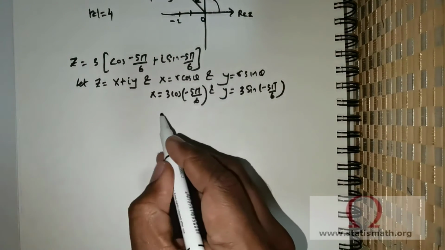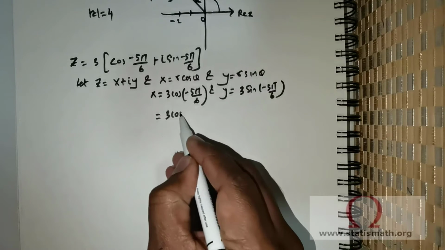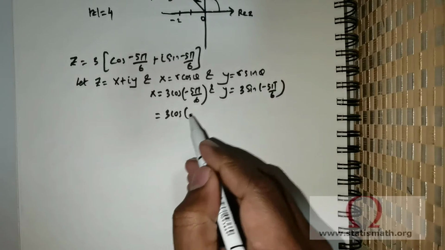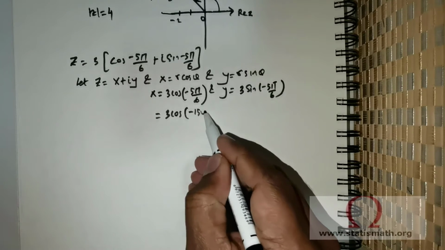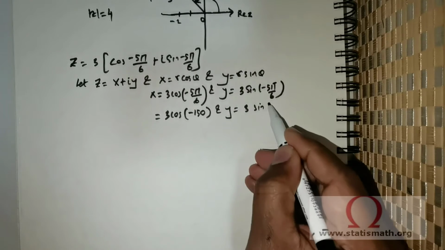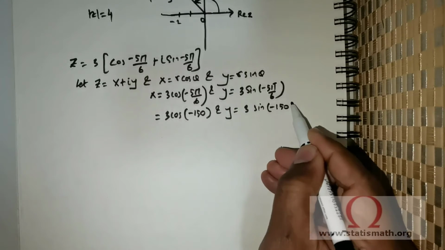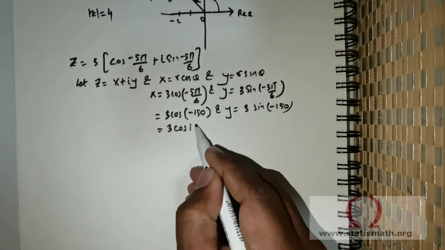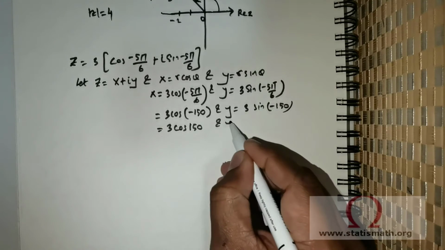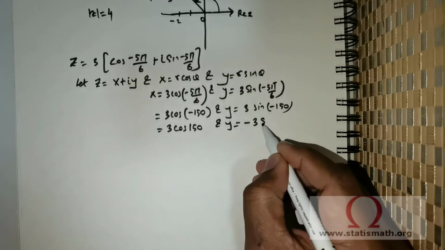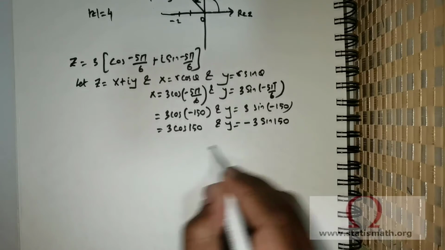Now this is nothing but 3 times cos of negative 150, and y is equal to 3 times sine of negative 150. Now cos is an even function, so this can be written as 3 times cos of 150, and sine is an odd function, so I write it as negative 3 times sine of 150.